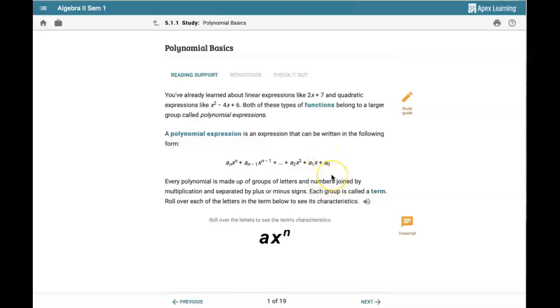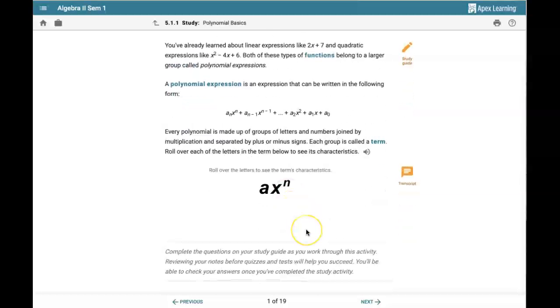The a's are your numbers, x is your variable, and then n can also be a number. And what this is saying is you have some degree here, plus a smaller degree, plus a smaller degree, all the way down until we have just a constant by itself.